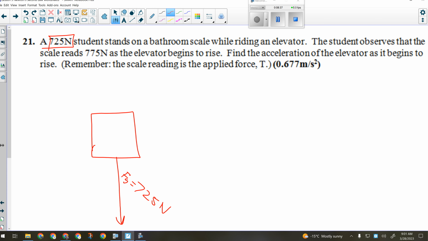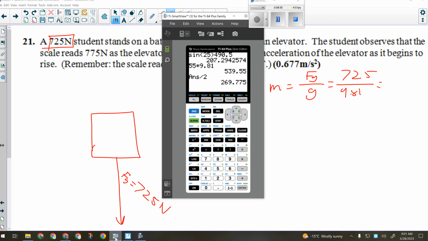9.81. Am I going to need that? Yes, I am. I'm going to have to calculate the acceleration later, so I might as well calculate the mass right now. Mass is going to be Fg over g, so 725 divided by 9.81 will tell me the mass of the student.